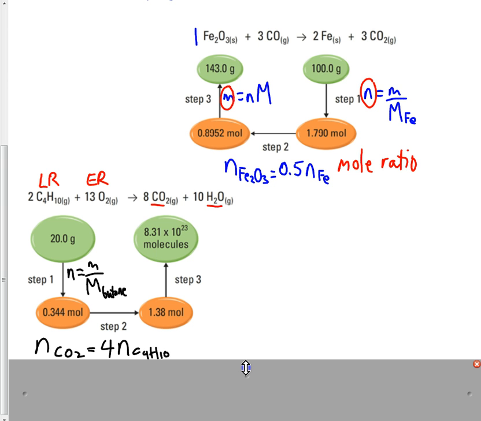Now, gravimetric stoichiometry could also involve calculating the number of particles. So here we would be looking at number of particles equals number of moles multiplied by Avogadro's constant. So that's a sort of variation of gravimetric stoichiometry. We could determine how many particles are produced or how many particles were required in the reaction.